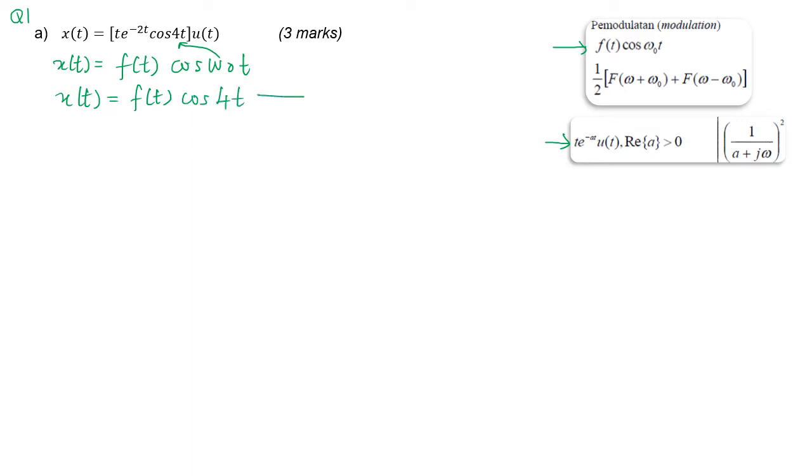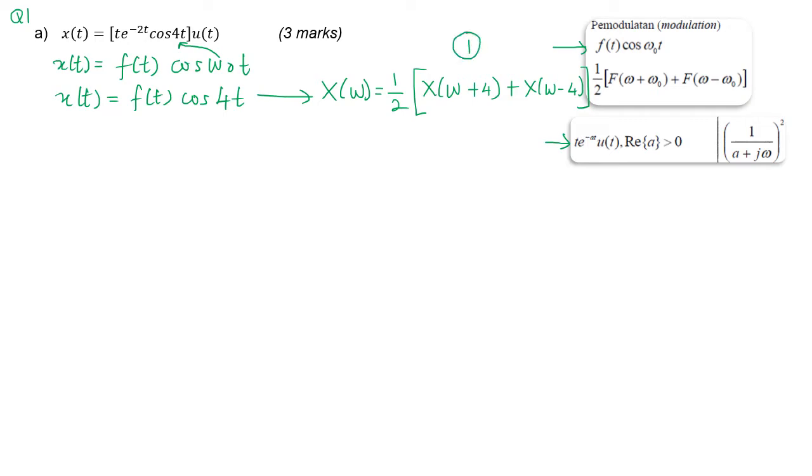This will produce X(omega) equal to 1 over 2 [F(omega plus 4) plus F(omega minus 4)]. Okay, so this is the first equation.